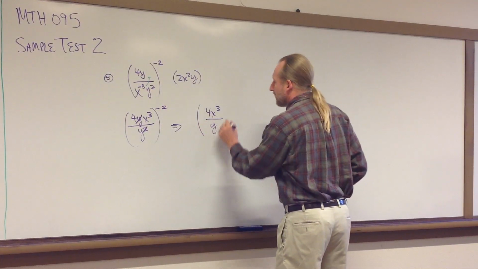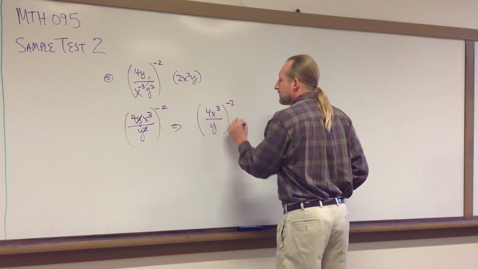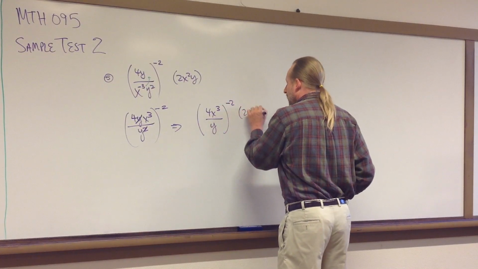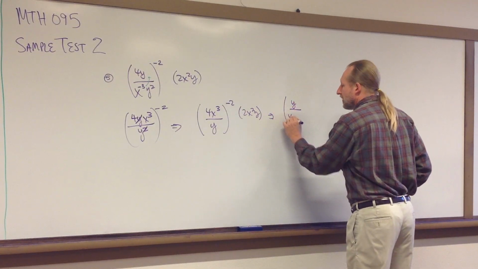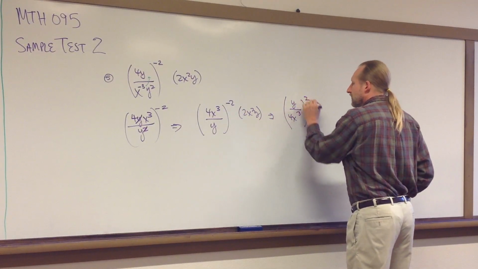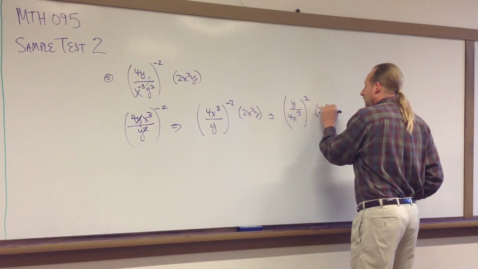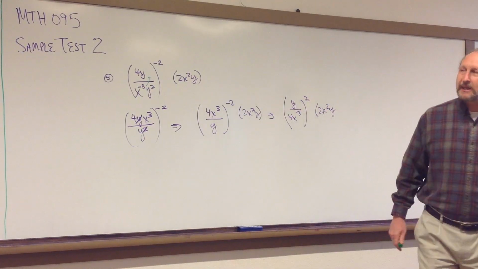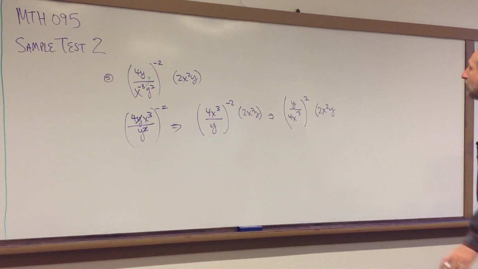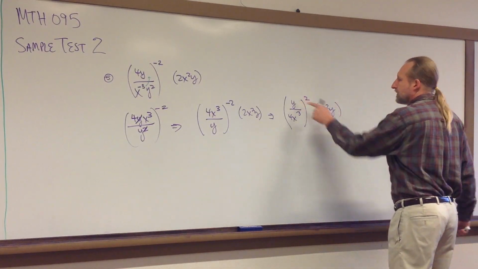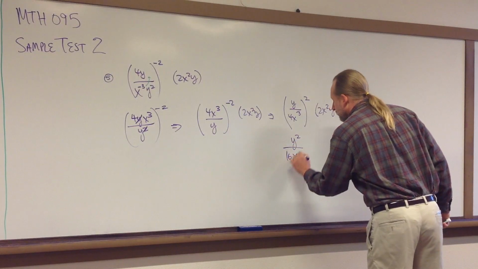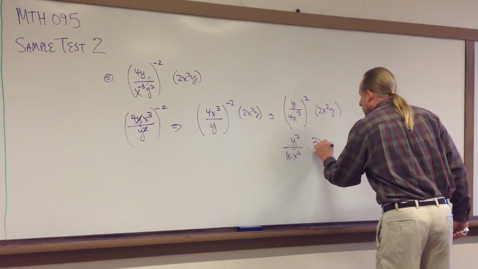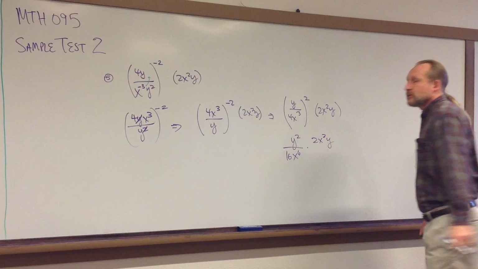x to the third over y to the first, and that's to the negative 2 power. I'll throw that in there. And then the next thing I'm going to do here is take the reciprocal. Now I'm all rid of those negative exponents, okay? So let's just apply this exponent here. That'll be y squared over 16x to the 6th times 2x squared y.